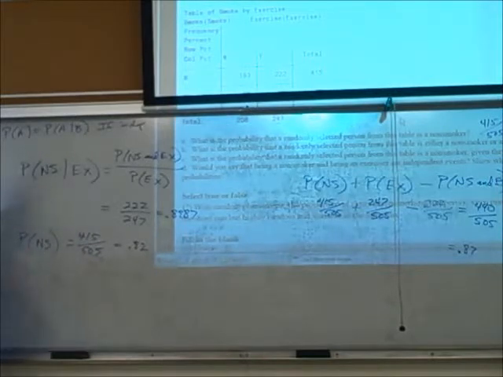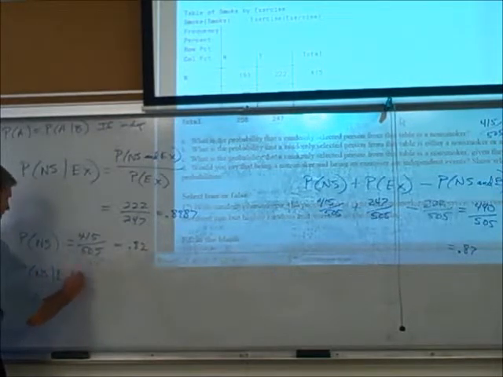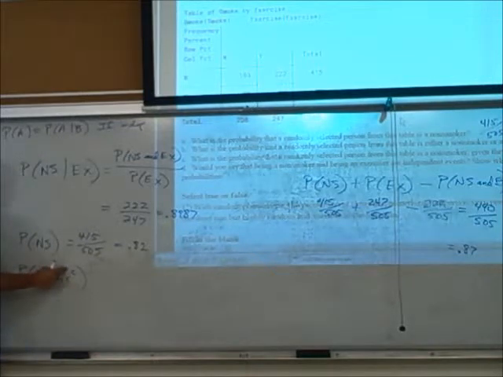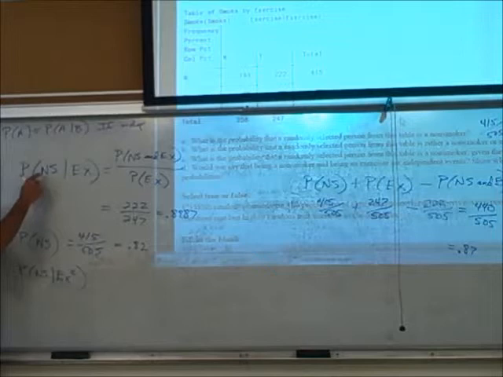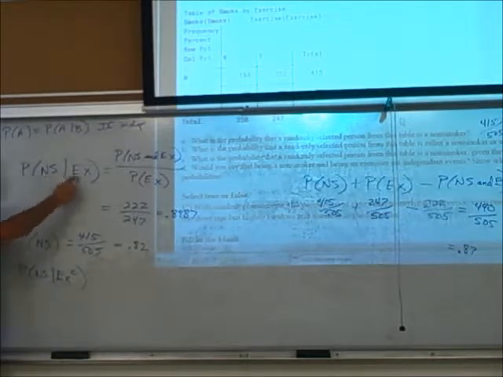But what makes it even more telling, I think, is to condition on the non-exercisers. So EXC, exercise complement. This says what proportion of exercisers don't smoke? And that's about 90% of them.